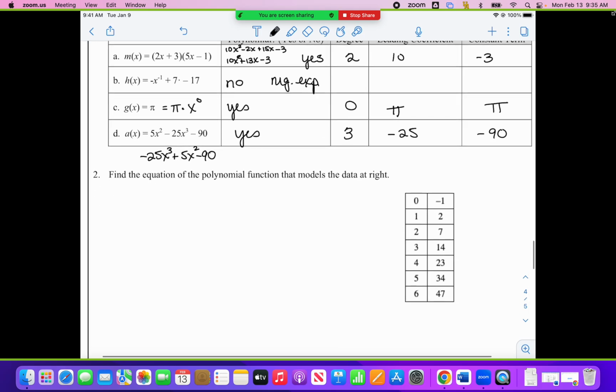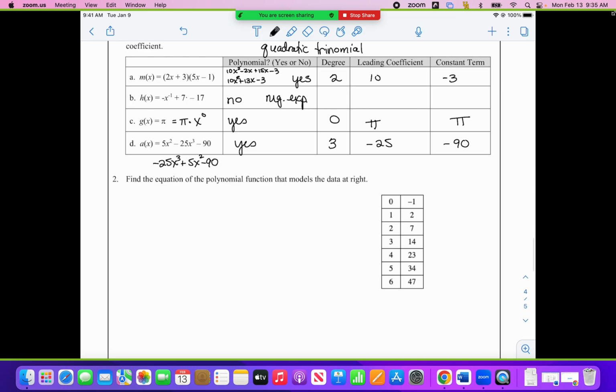All right, number 2. It says find the equation of the polynomial function that models the data at the right. So this is what we call the finite difference method. So here's what you're going to do. In order to do your differences, you take the second y value minus the first y value.